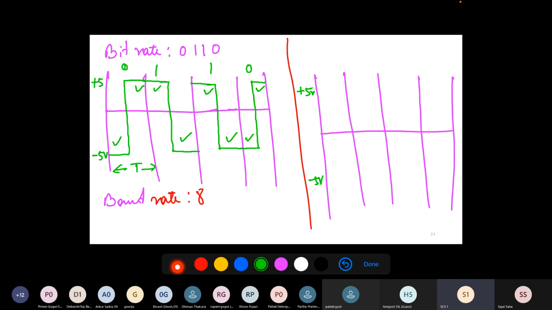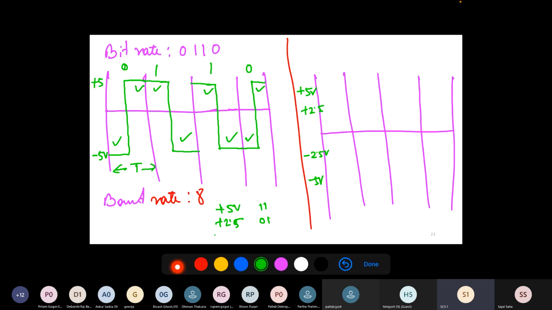One is minus 5 voltage, another is minus 2.5 voltage, another is plus 2.5 voltage, another is plus 5 voltage. Correct? Now, plus 5 voltage will be represented as 1 1, plus 2.5 voltage will be represented as 0 1, minus 2.5 volt will be represented as 1 0, and minus 5 volt will be represented as 0 0.